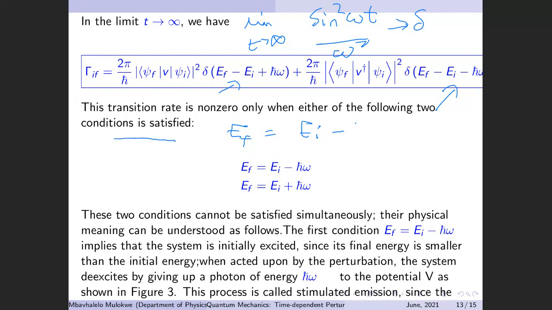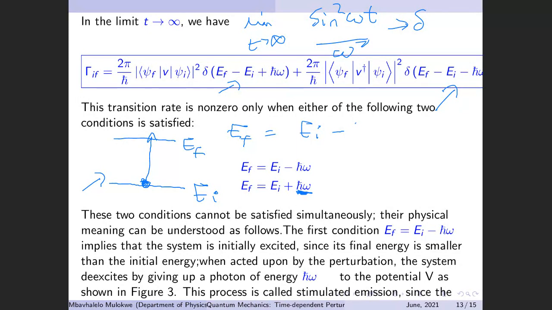If you look at the diagram, when this is non-zero, let's say the case where you start with E initial and you end up with, so this will be continuous, you have absorbed some radiation, or some photon with energy h bar omega, and then you end up in a final state given by the initial plus h bar omega.